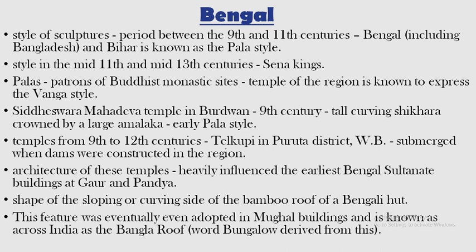Many local vernacular building traditions of Bengal also influenced the style of the temples in that region. The most prominent of these was the shape of the sloping or curving side of the bamboo roof of a Bengali hut. This feature was eventually even adopted in Mughal buildings and is known as Bangla roof across India.